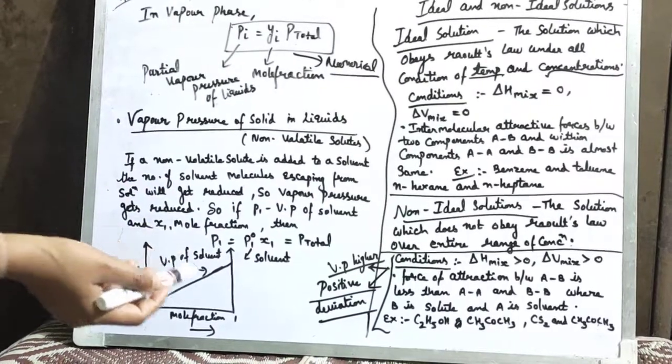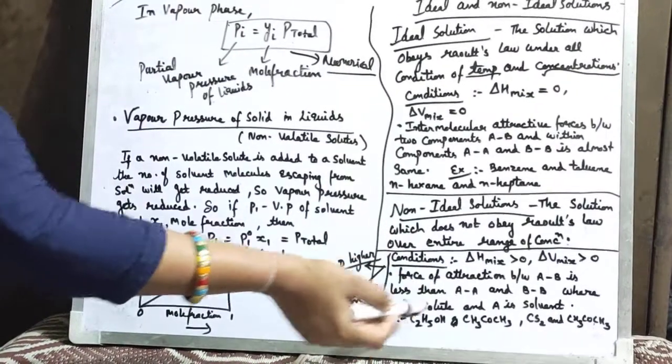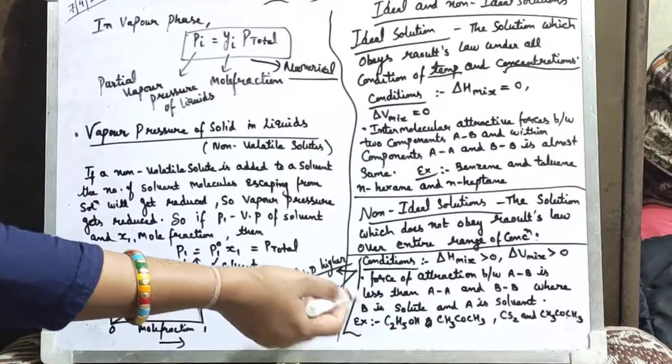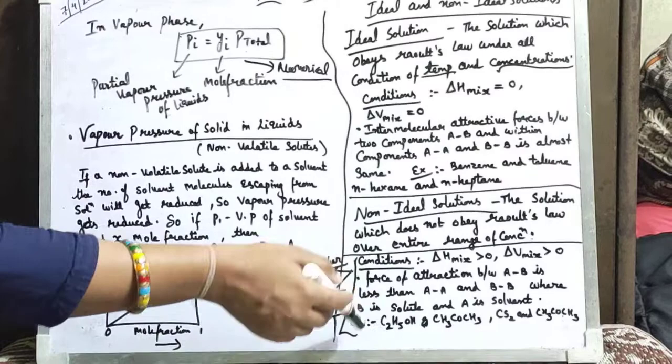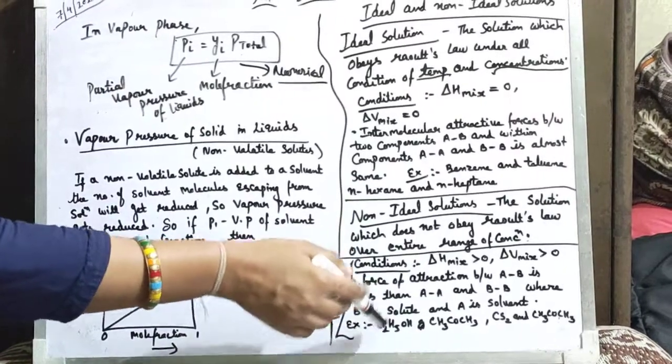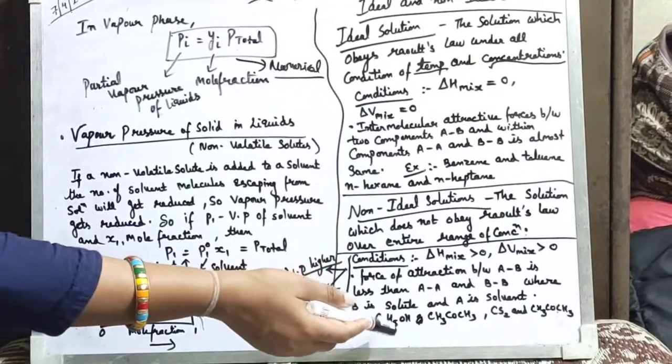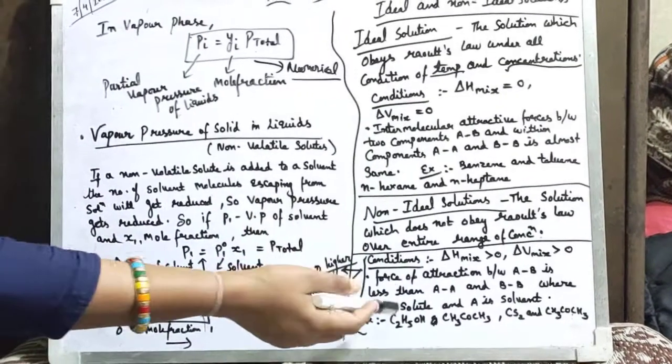Therefore, what will happen? The intermolecular force of attraction generated between alcohol and acetone will be lesser. Why? Because hydrogen bonding has got disturbed and the alcohol molecules will start going out due to the intervention of this acetone, right?